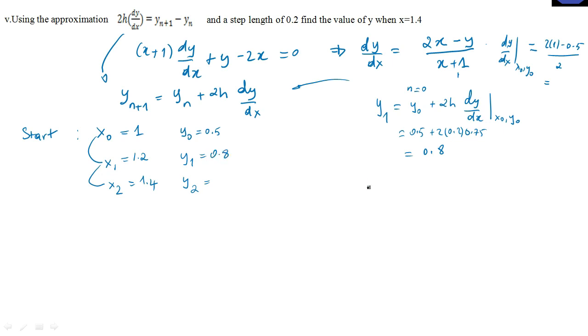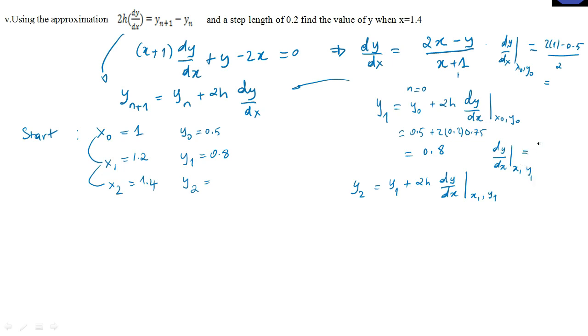So moving on to y2. y2 is going to be y1 plus 2h times the derivative of y with respect to x at x1, y1. We'll find out what the derivative is.